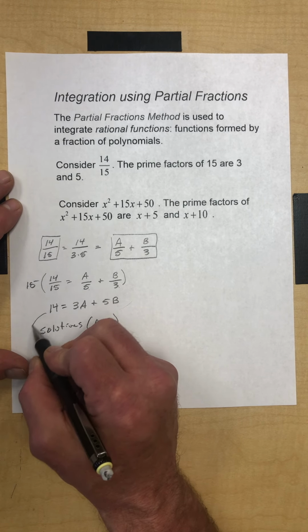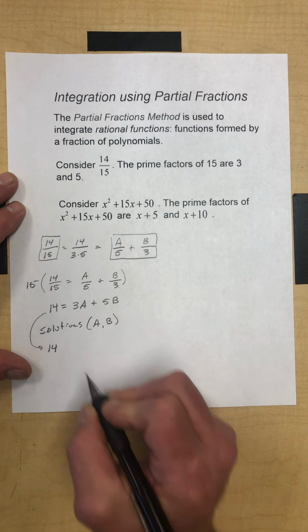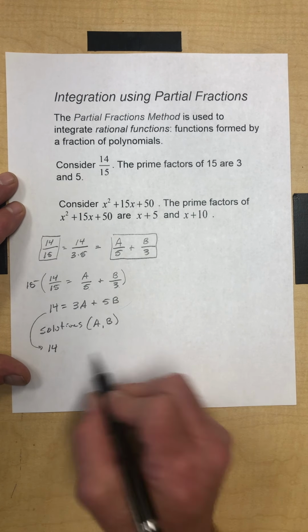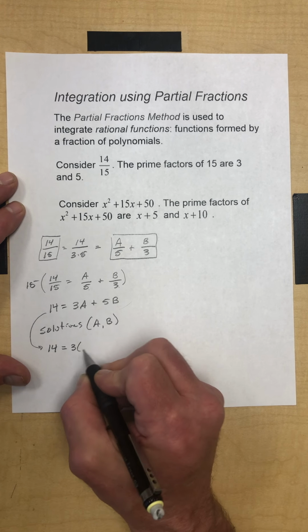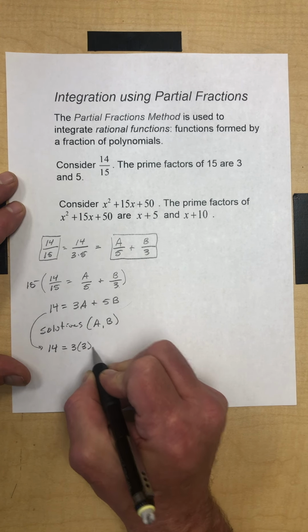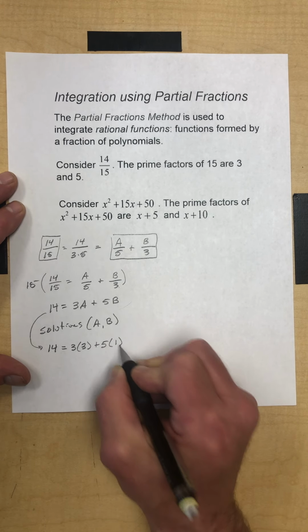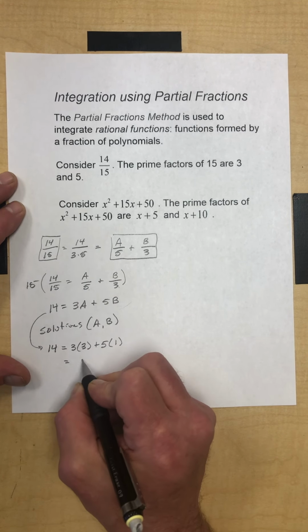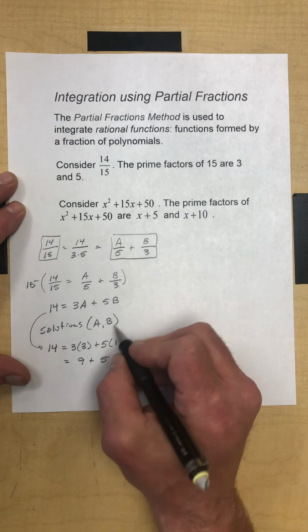This one is actually pretty easy to do, I'll be honest with you. If we assume that a and b are integers, notice this would work out when a equals 3 and b equals 1, because that would give you 9 plus 5, which is 14.